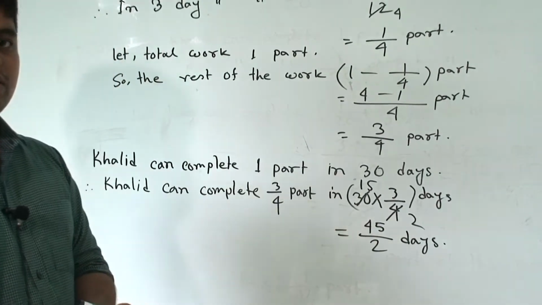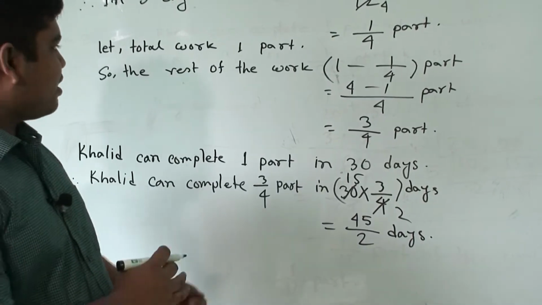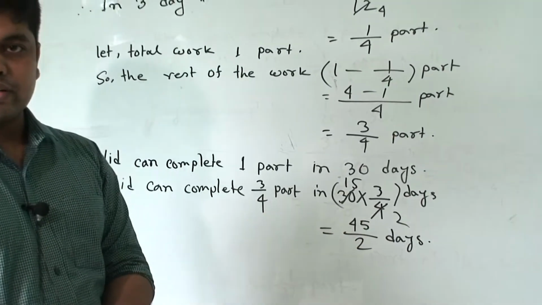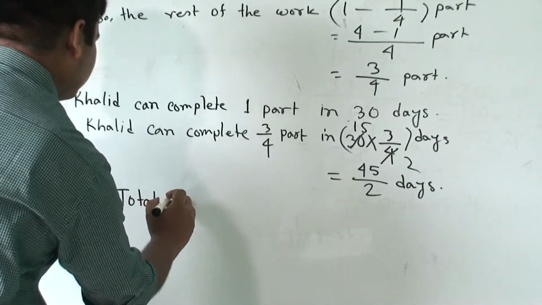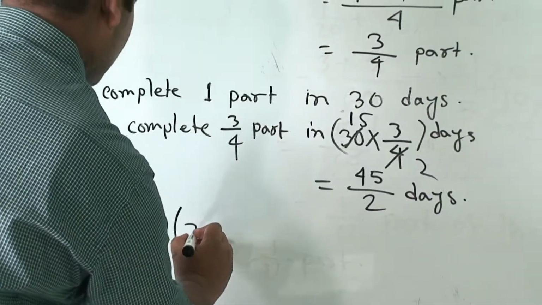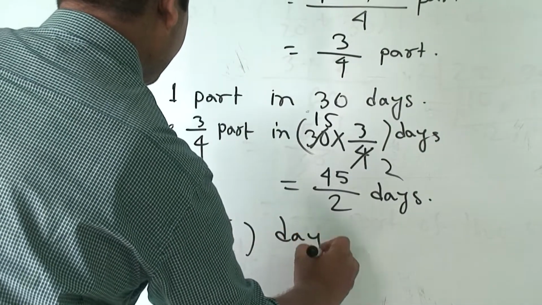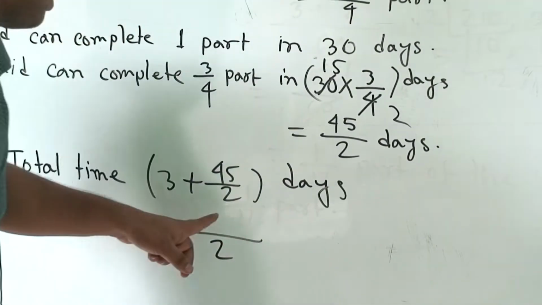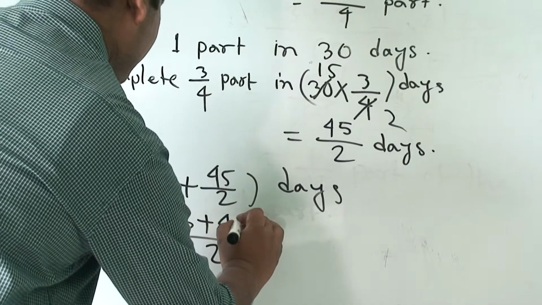Now we find the total amount of time. We add these 3 days with this 45/2 days and we find the required answer. So write total time, 3 plus 45/2 days. Here 2 is the LCM. 2 3s are 6 plus 45.